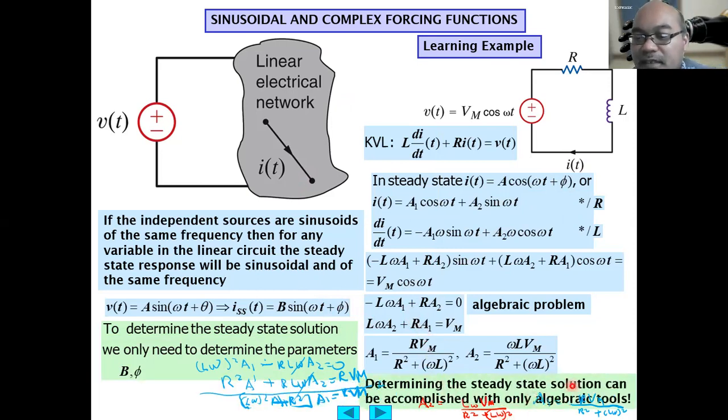So determining the steady state solution can be accomplished with only algebraic tools. So remember here, you see that the amplitude A1 and A2, we don't really care about sine and cosine here. This is simple algebra, substitution and elimination.